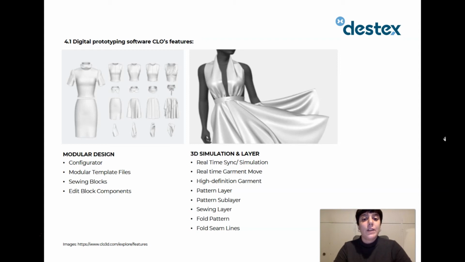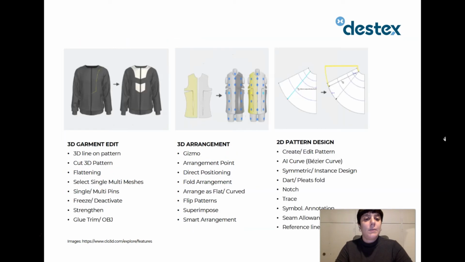The 3D simulation and layering of a garment with high definition garments or real-time movement, to fold the patterns or fold the seam lines, everything digitally and in 3D. Then we move on to the 3D garment edit, where the user has access to 3D lines on patterns, flatten 3D patterns, single or multi-pins, select single or multi-meshes, strengthen, and many more features.